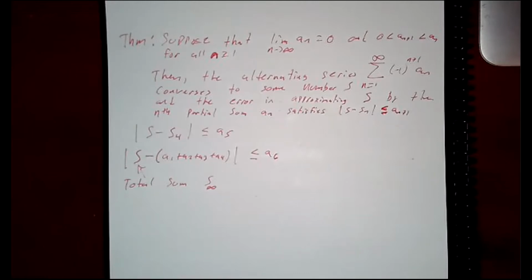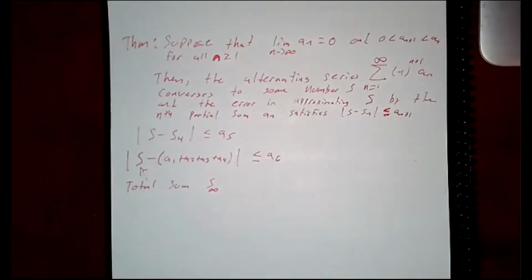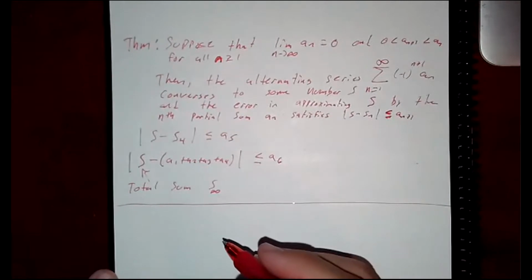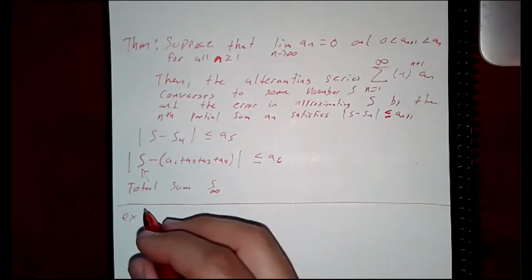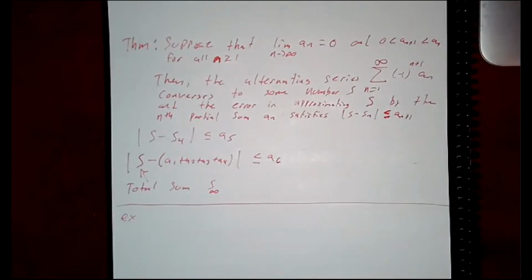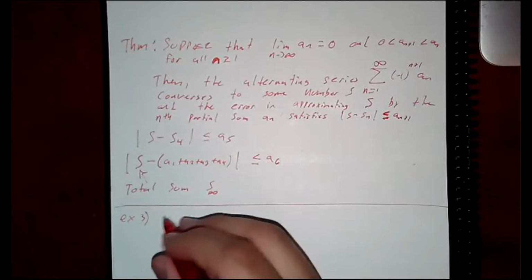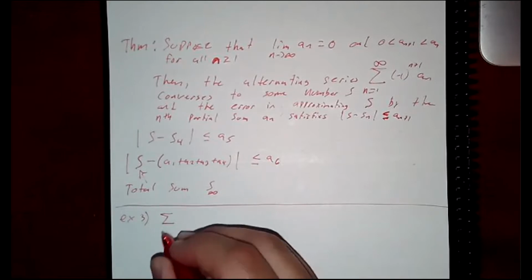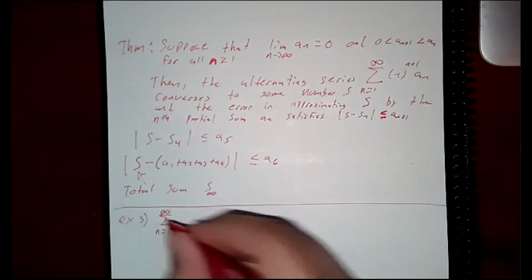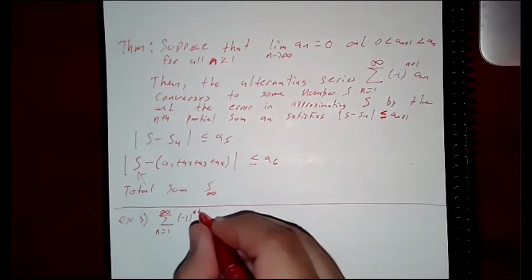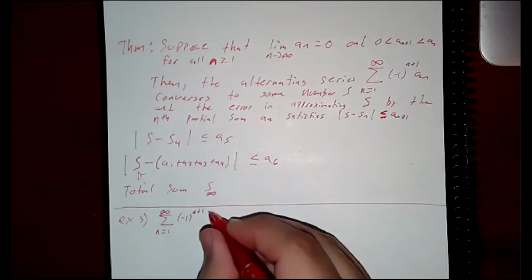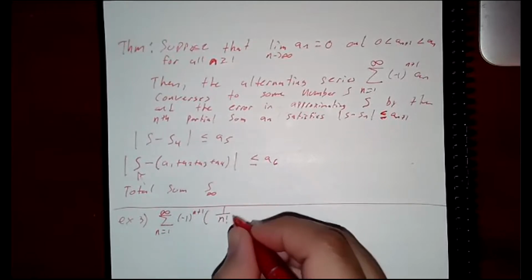So let's do an example here. The sum as n equals 1 to infinity of negative 1 to the n plus 1 times 1 over n factorial.